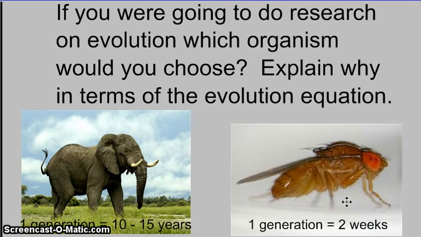A good answer to this question of which subject we should choose would be that it would be preferable to choose the fruit fly. If the components of evolution are genetic variation, selection, and time, both of these species would be expected to have genetic variation.